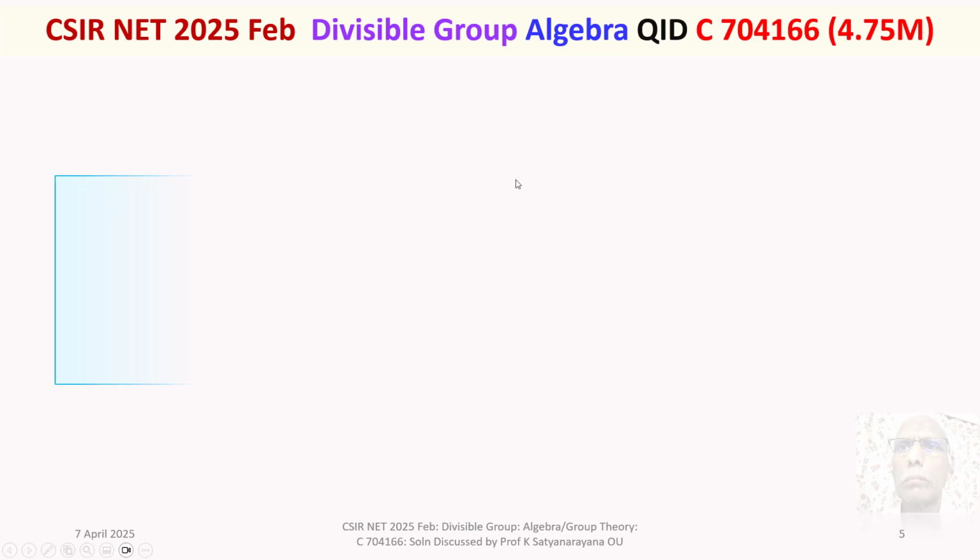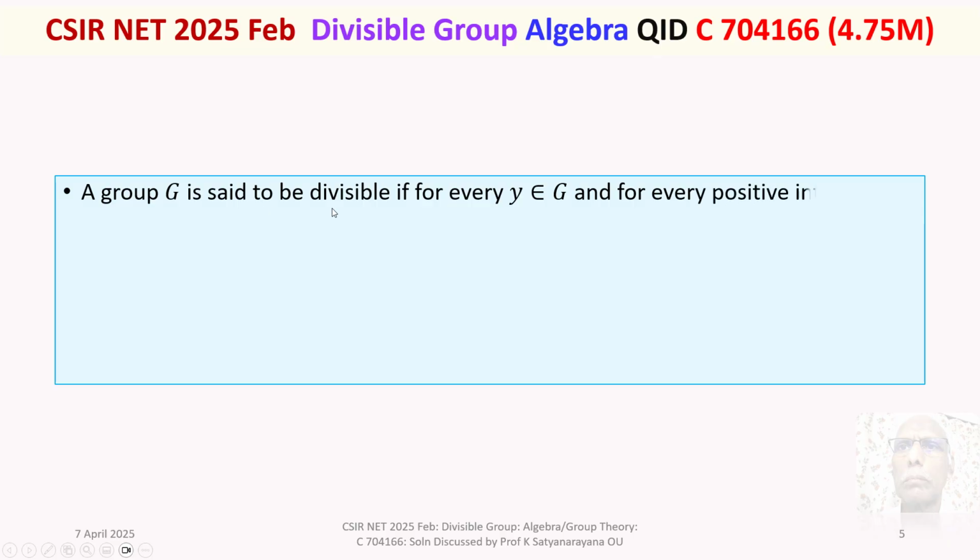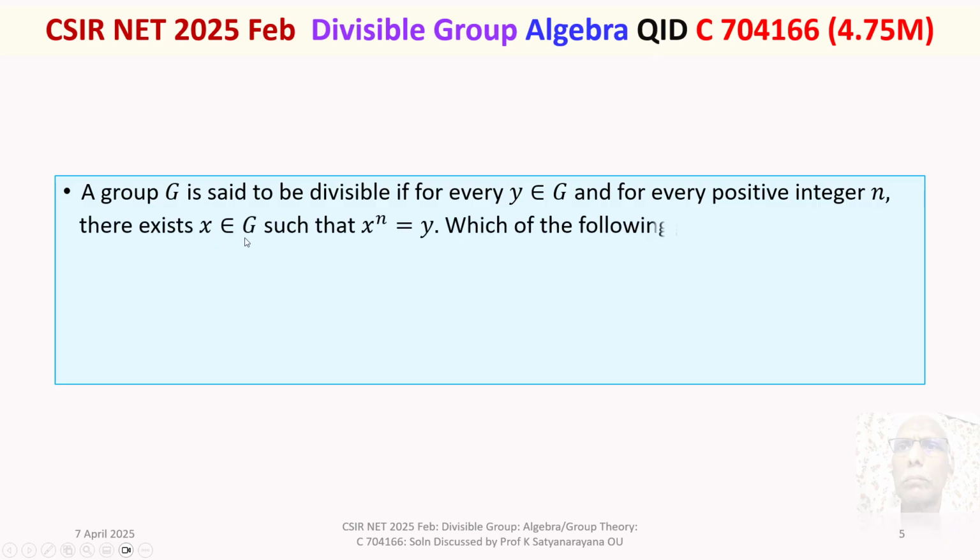The given question is: a group G is said to be divisible if for every y belongs to G and for every positive integer n, there exists an element x belongs to G such that x power n is equal to y.